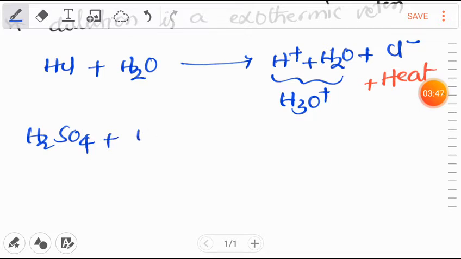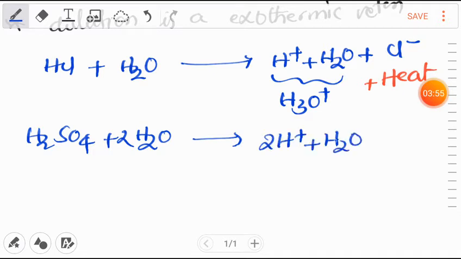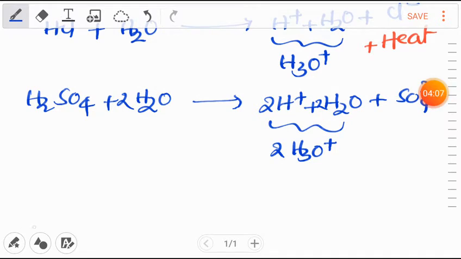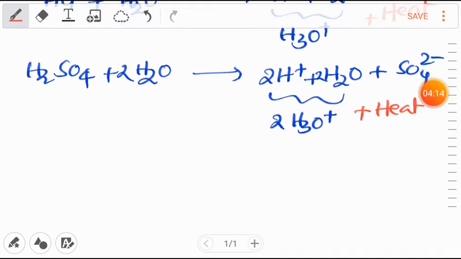So if you take H2SO4 plus water, 2H plus ions plus 2H2O plus SO4 2 minus gives 2H3O plus ions plus, what we can write, heat. This is called heat of neutralization.